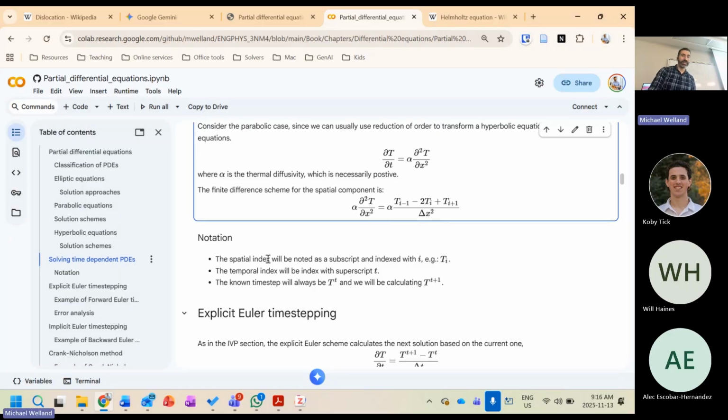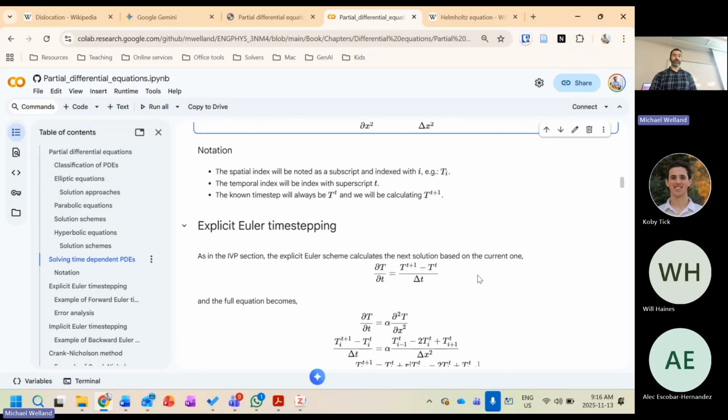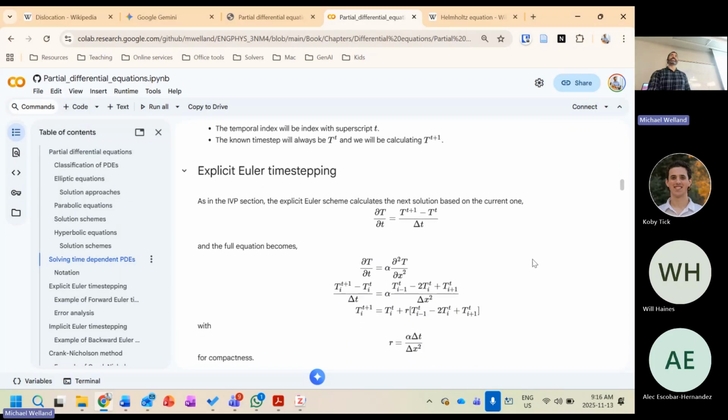Just a little bit of nomenclature. We're going to denote the spatial index by a subscript i, and the time index by a superscript. The solution at time t is T to the little t, and the next one will be t plus 1. The easiest way to do this is explicit Euler time stepping.